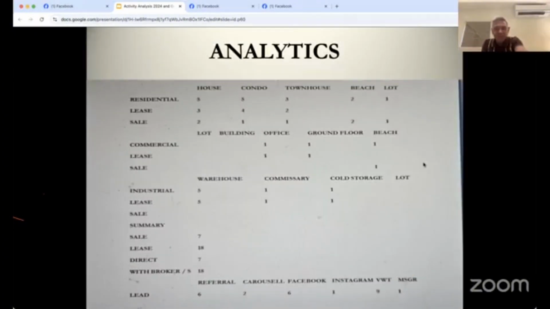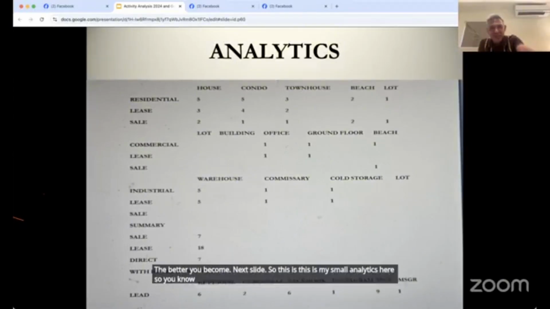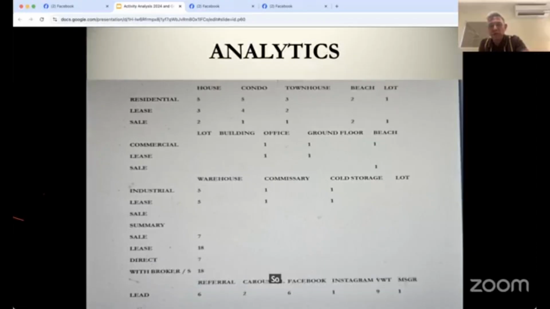So this is my small analytics here. I got my house, condo, townhouse, beach lot. So there's the residential. Out of the residential, how many were lease and how many were sale? There were 3 and 2 right there.